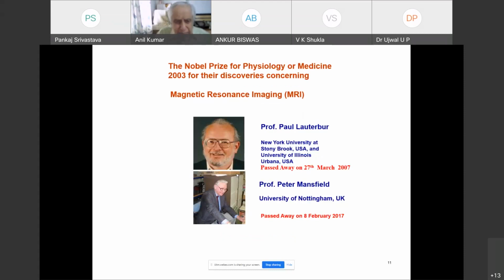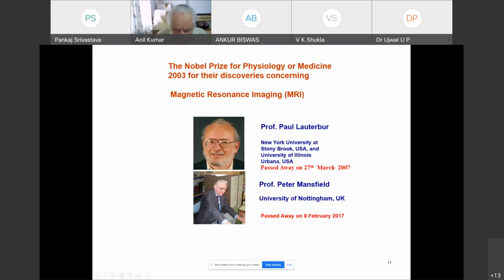The Nobel Prize for Physiology and Medicine 2003 for discoveries concerning magnetic resonance imaging went to Paul Lauterbur, who did the first two-tube experiment, but not using 2D NMR, rather using 1D NMR, and he was credited with the initiation of MRI.